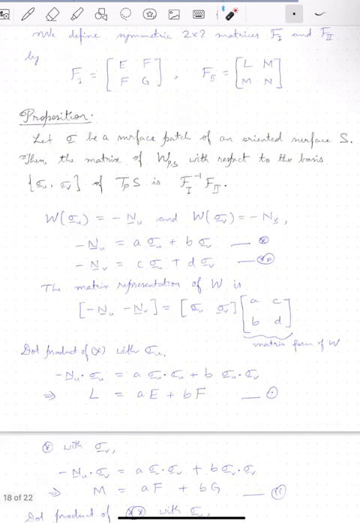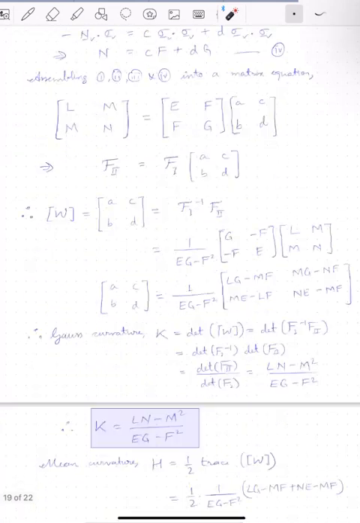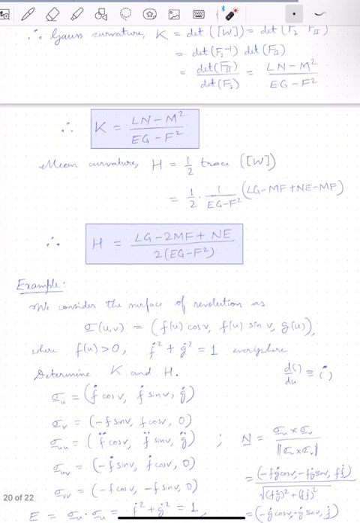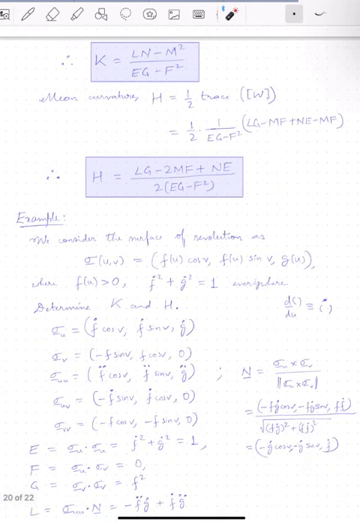Later on, we stated a proposition that, with sigma being a surface patch of an oriented surface, the matrix corresponding to WP of S, the Weingarten map, with respect to the standard basis sigma u, sigma v of the tangent plane, is F1 inverse into F2. And then we gave an explicit representation of K and H by following the steps.